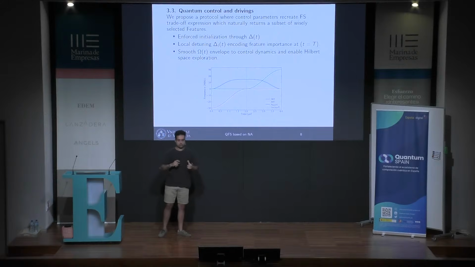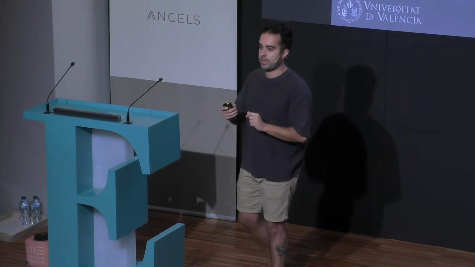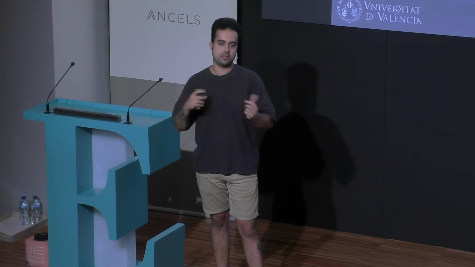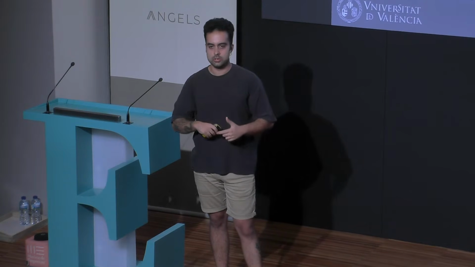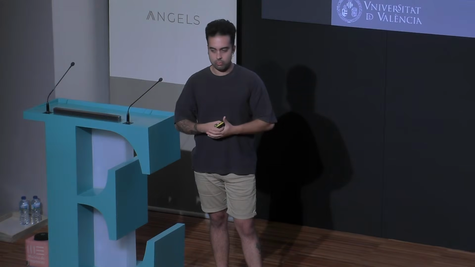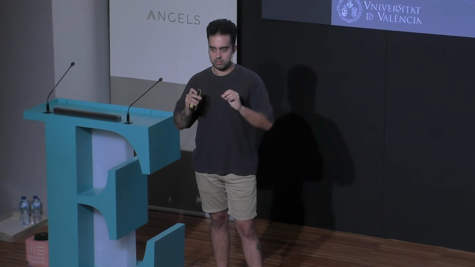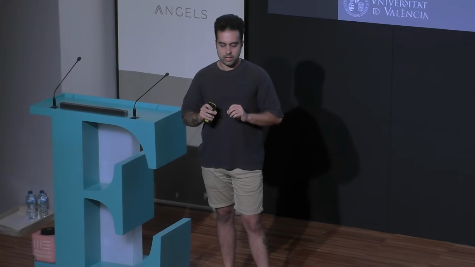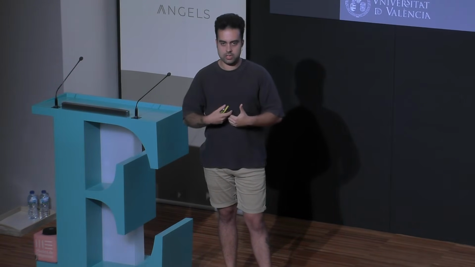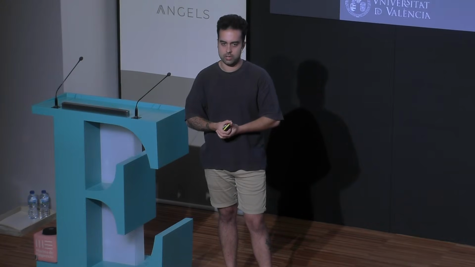We are going to use this local detuning modulated as the importance of each variable. Together with the correct positioning of each of the atoms, this encodes the feature selection problem in the Hamiltonian of our system.